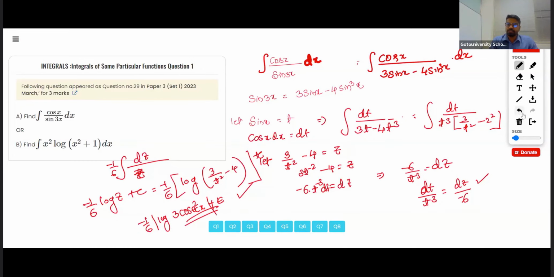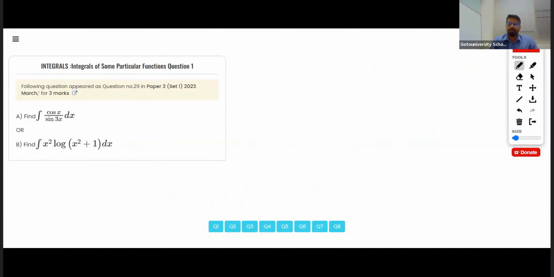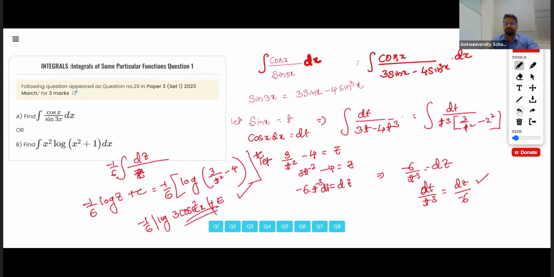So what we have here is the final part of this question, minus 4. Yes. Plus c. What is c? C is an arbitrary constant. So we need to write this. C is an arbitrary constant. Don't forget to write this.